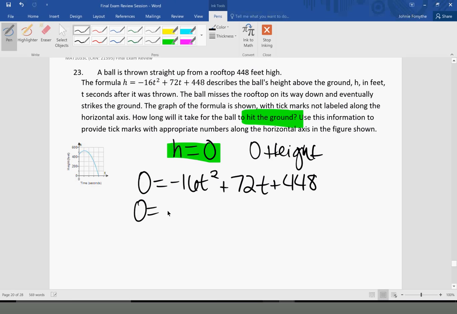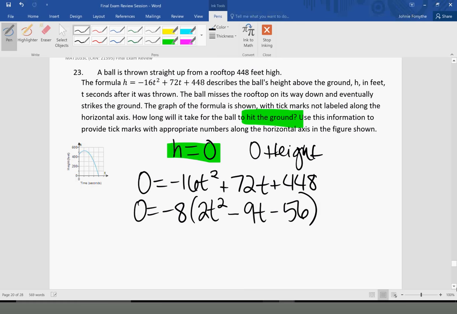Let's factor out a negative 8 to get rid of that negative leading coefficient. So we're going to have 2t squared, we're factoring out a negative, so that's going to be negative 9t. That's going to be negative 56.